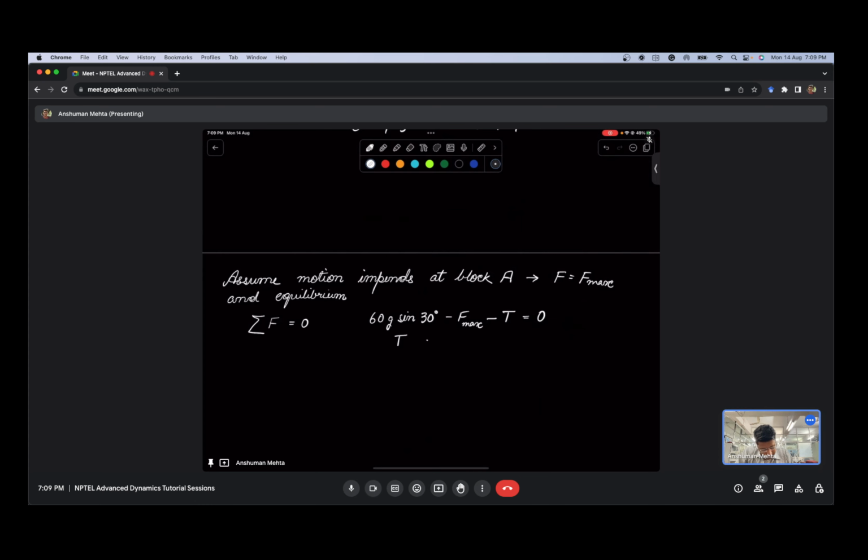So this gives us T is equal to 166.9 Newton.